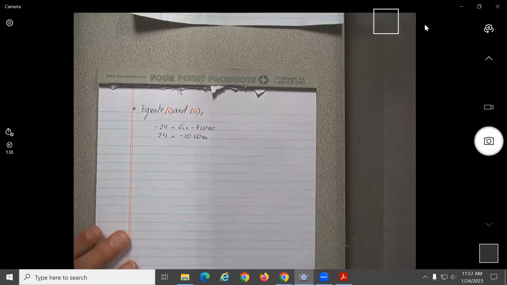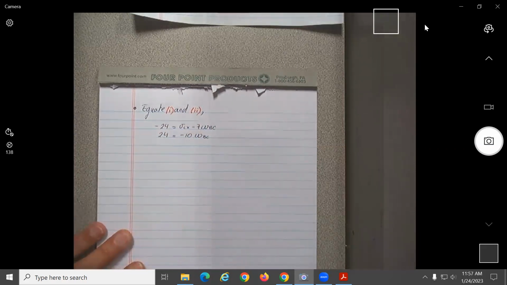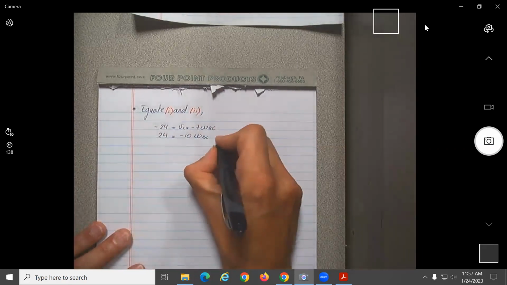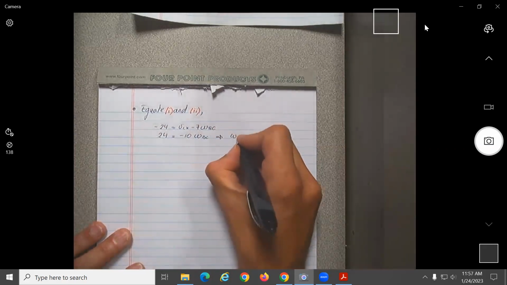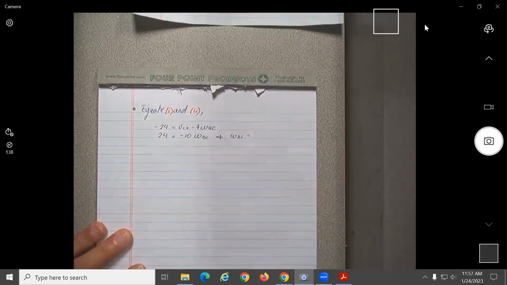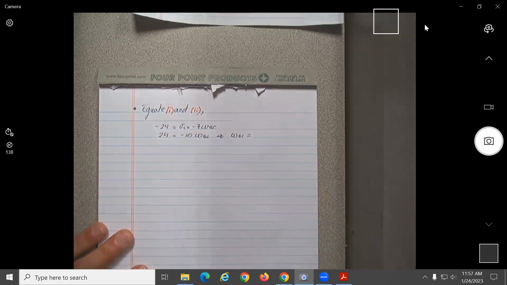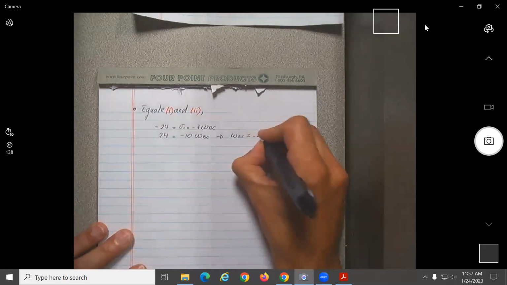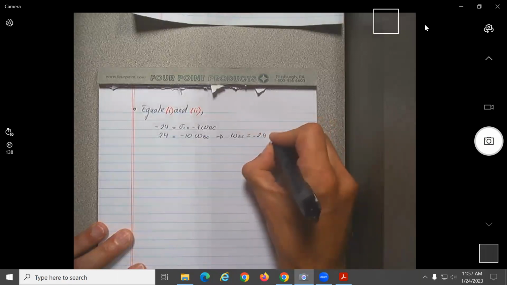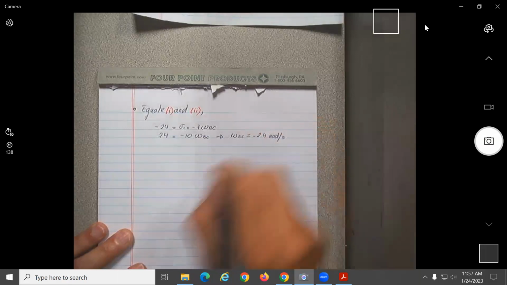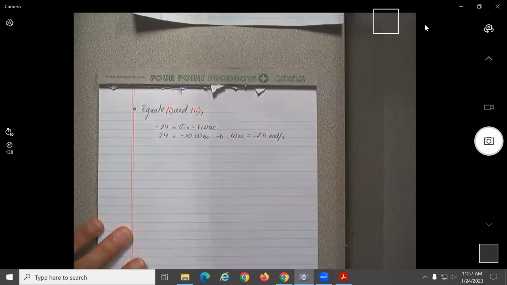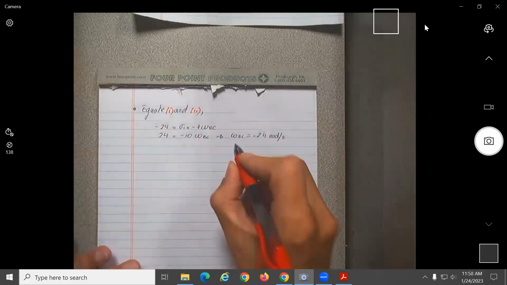Okay, can we solve directly for omega BC from the second equation? Yeah. So from here, omega BC will be equal to negative 2.4 radians per second.